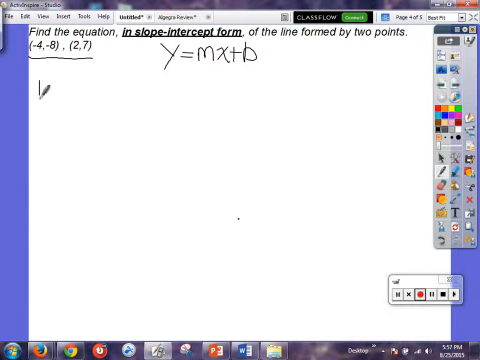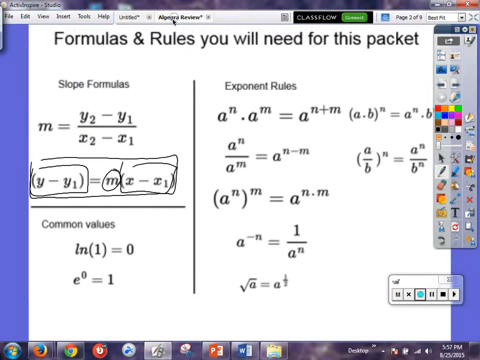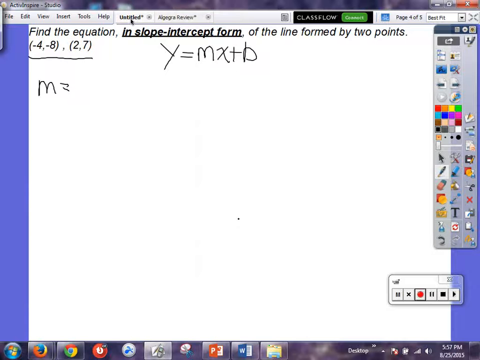And it's right there. Alright. So just plug it into the slope form.